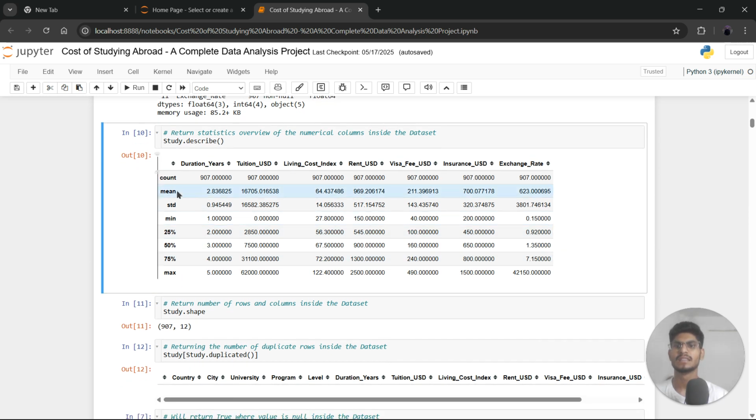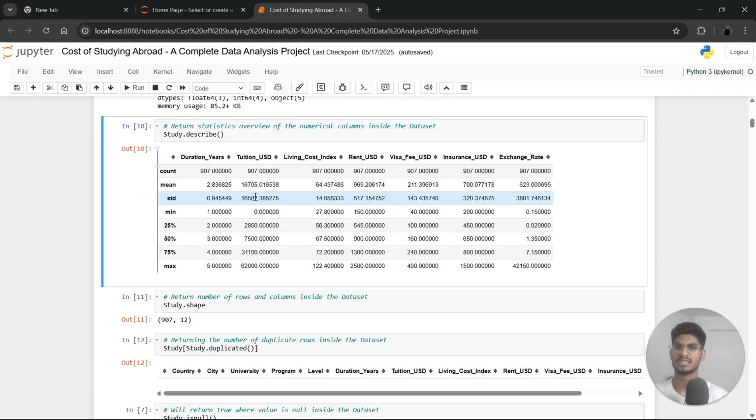We can see that the mean value is 2.83 in duration year and 16,705 in tuition USD. The minimum value is 1 year in duration year, and the minimum value is 0 point something in tuition USD.